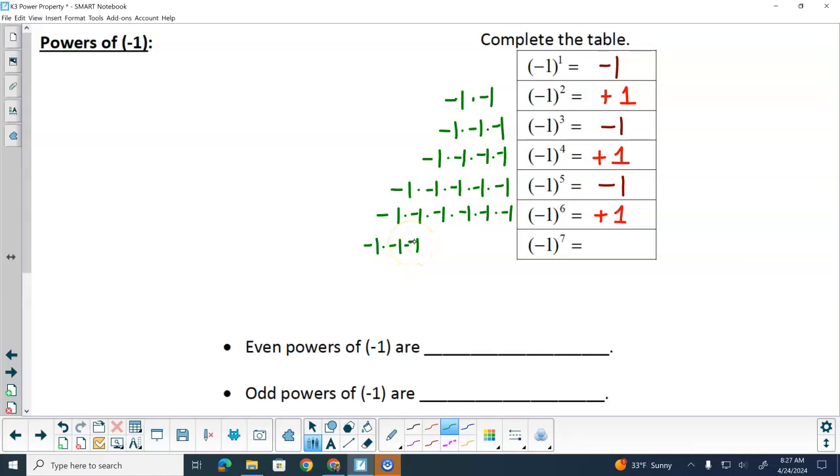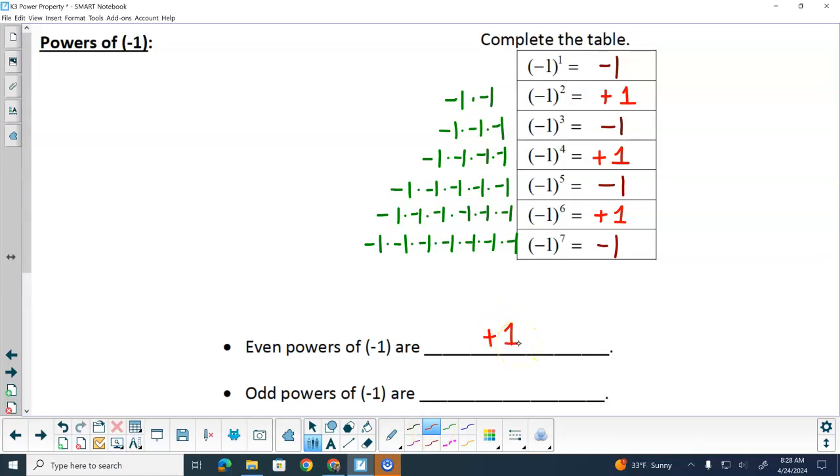What's the pattern, Matcha? Or are you just spewing out numbers for me? What do you got, Jake? So give me the evens first because it's the first line. Even powers of -1 are +1, so those all work out to be +1.